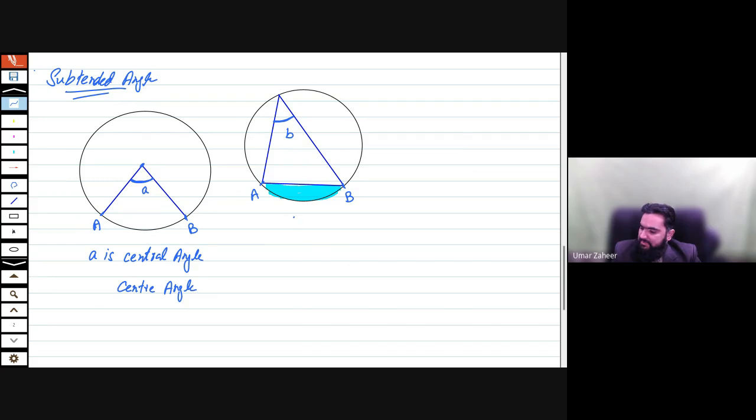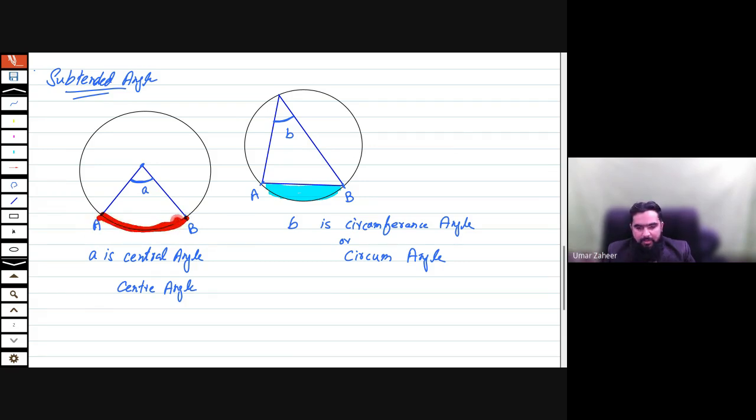And B is on the circumference, so it is known as the circumference angle, or circum angle. Both are subtended angles, okay? Subtended means you are subtending the angle from arc AB or chord AB or segment AB. One is on the circumference, so it is known as the circumference angle. If it is on the center, it is known as the central angle.